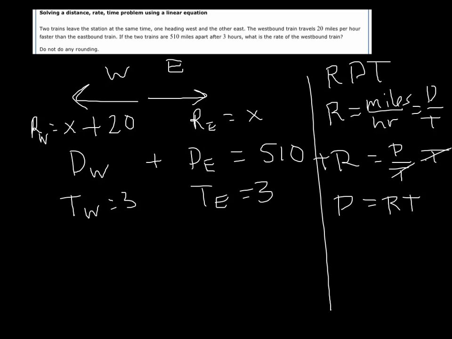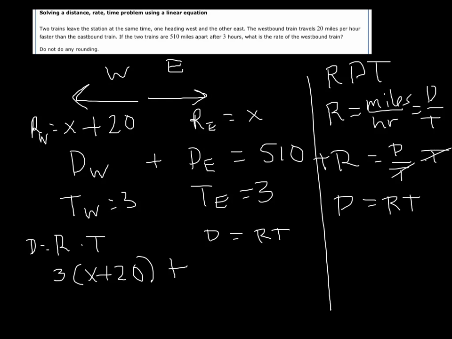So the rate times time of the westbound train, well, I'm actually going to do it as time times the rate, and then I'm going to add that to the distance of the eastbound train, and that's going to be its rate times time, which is just 3x, is equal to 510.